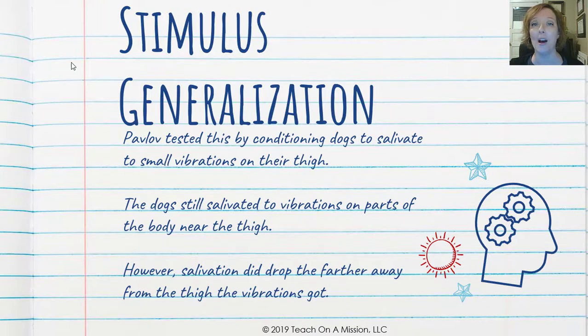So instead of a bell, he was using a feeling. It wasn't even a sound, it was a feeling. The dog still salivated to vibrations on parts of the body near the thigh. However, the salivation did drop the farther away from the thigh the vibrations got. So as the location of the vibrations moved away from the original conditioning location, the dog's salivation did decrease.